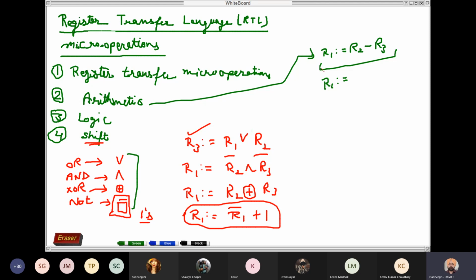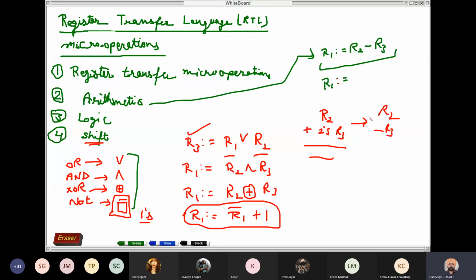Now let's come back to subtract operation. In subtract operation, what we do is perform R2 plus 2's complement of R3. So this is equivalent to R2 minus R3.